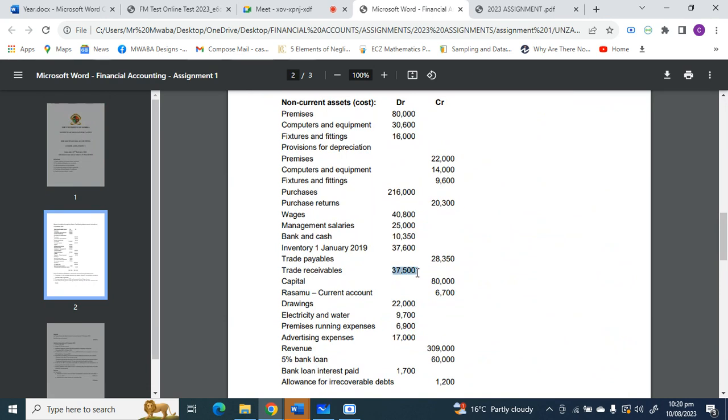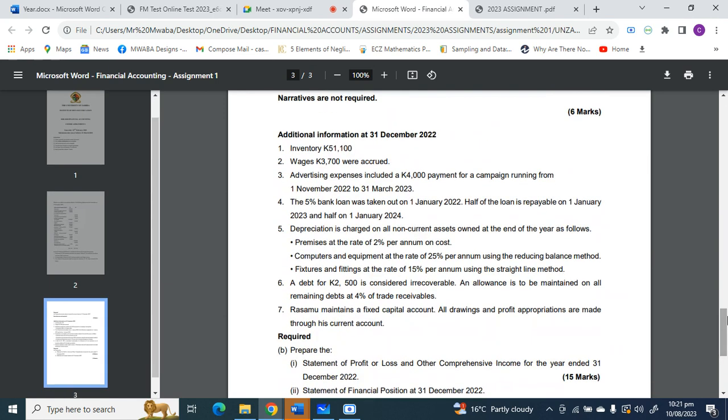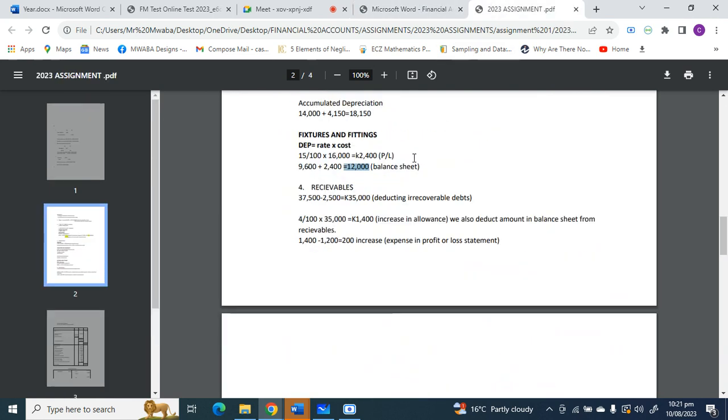So now there's 2,500 that we're not going to get. So we need to deduct 2,500 from 37,500. All right. So what did we get? 37,500 minus 2,500, 35,000. This is the new balance for the trade receivables on the statement of financial position. This will be the new amount for receivables.